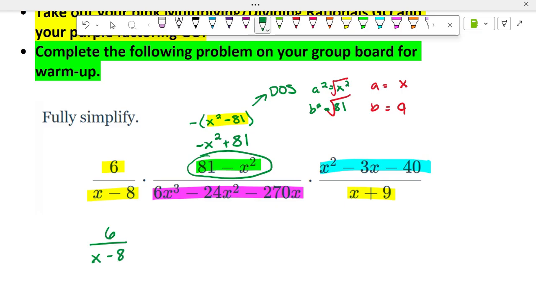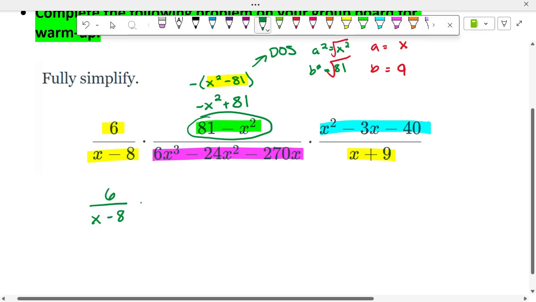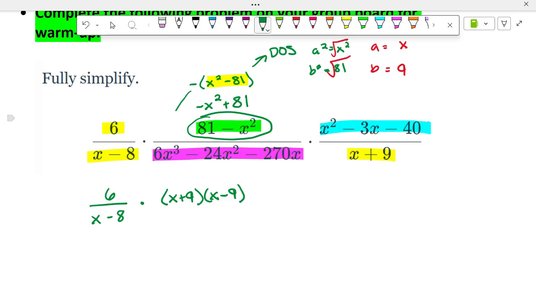So I have 6 over x minus 8 times x plus 9, x minus 9. And we got to bring down that negative. So there's a negative, there's a negative right there. So that's the first factoring. Now let's do the pink one.